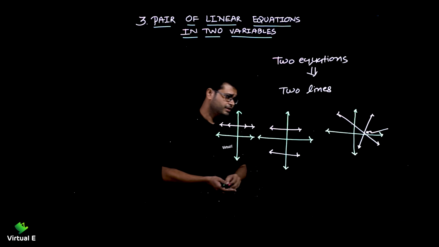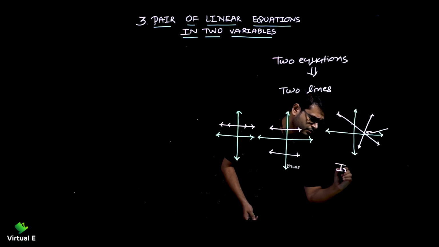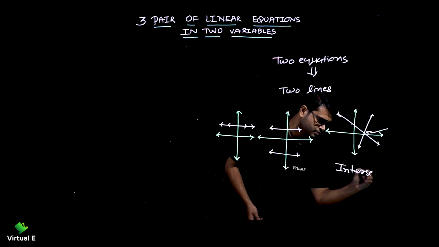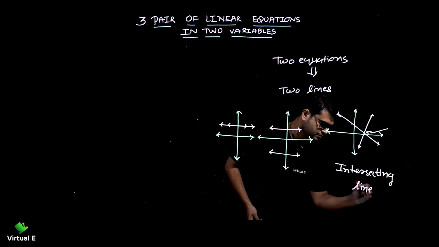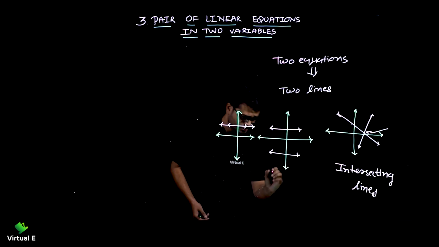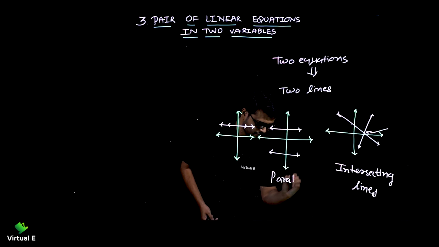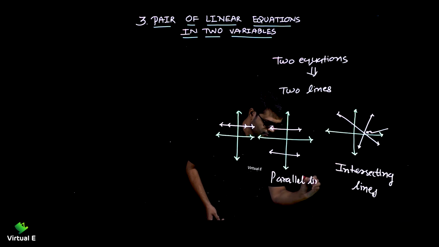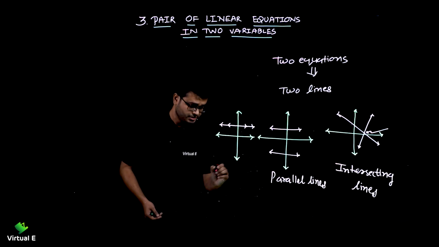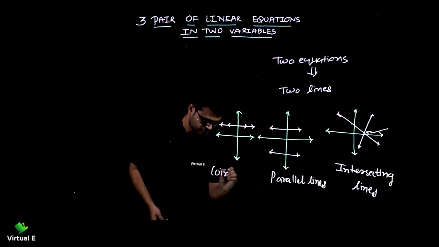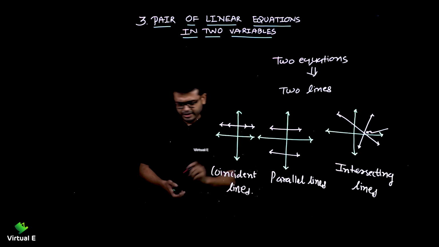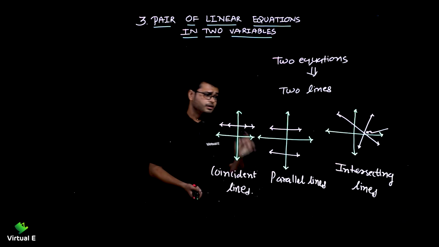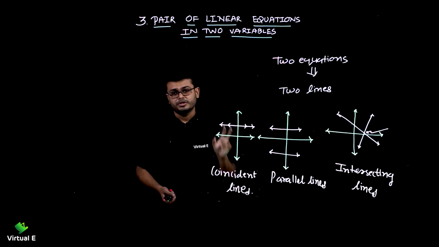So we have three cases. One is intersecting lines, another is parallel lines, another is coincident lines. What we are interested in this chapter is to learn the nature of two equations.